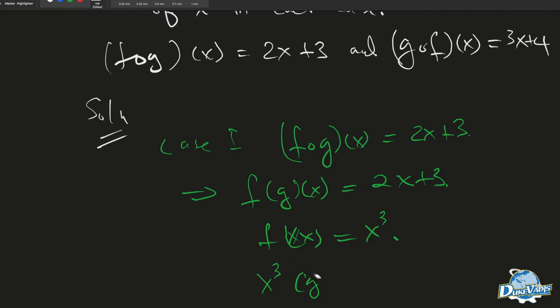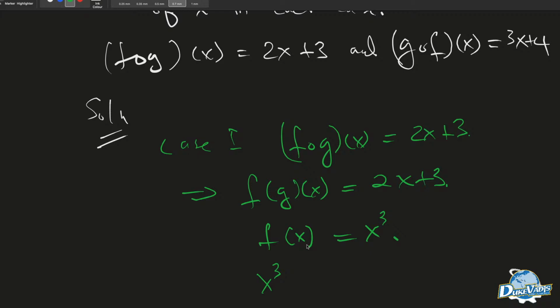So f of x has been given to us like that, and g of x is what we're looking for.